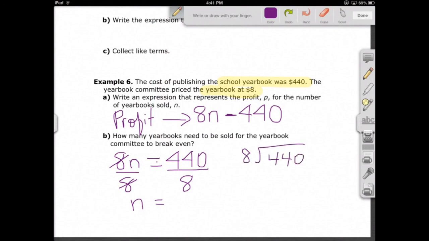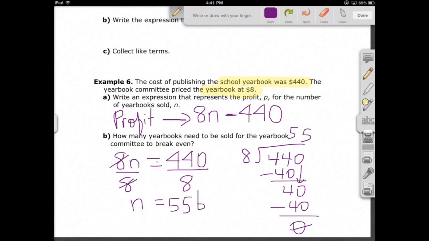Long division is a survival skill. Don't reach for the calculator if you can do it this quick. There we go. 55 books. So we have to sell 55 books just to make the $440.